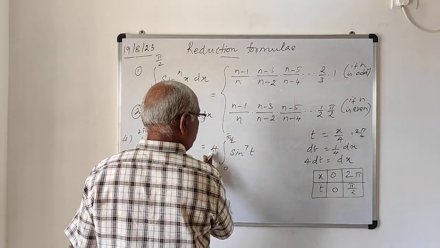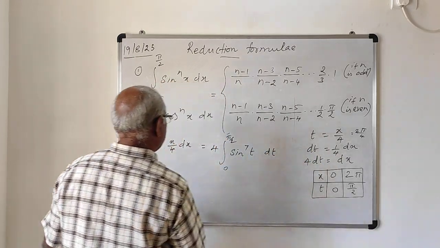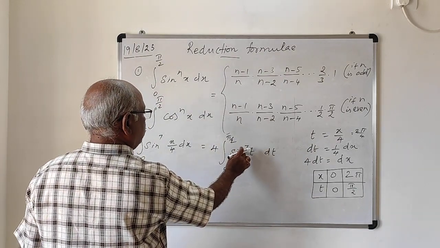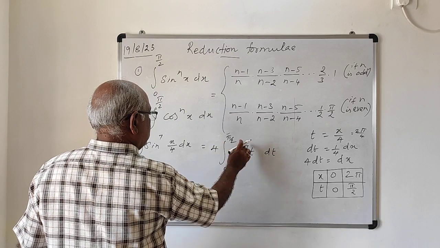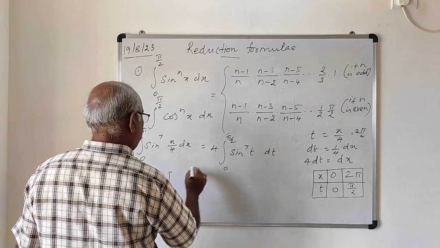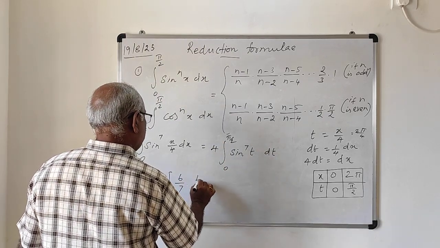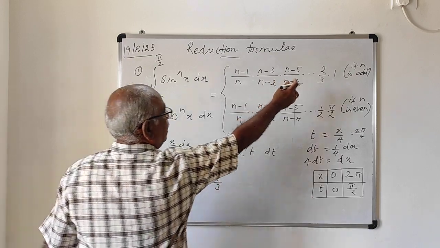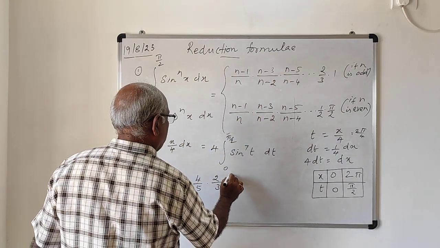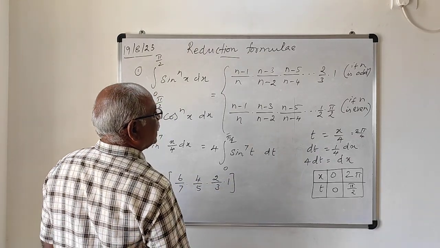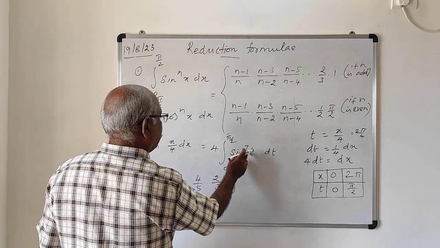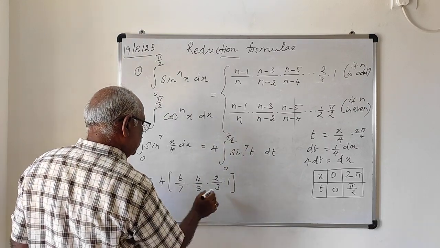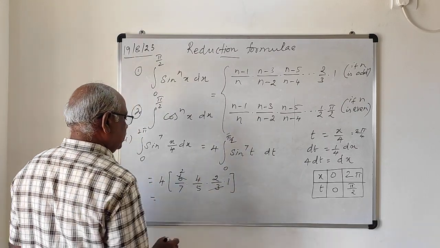I can take 4 outside, and I will get only dt. So this is equal to 4 into, this is an odd number, n is odd, so n minus 1, 7 minus 1, 6 by 7, 4 by 5, 2 by 3, finally into 1. That's all, because n is odd for this problem. 1, 3, these are 6, okay.